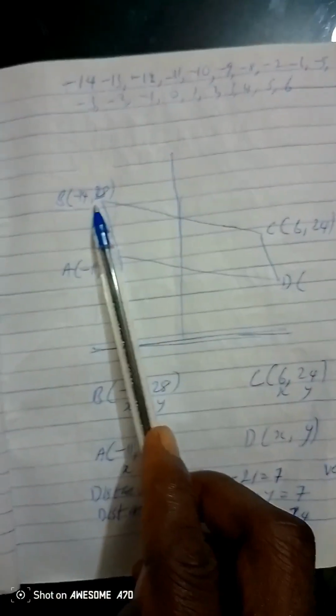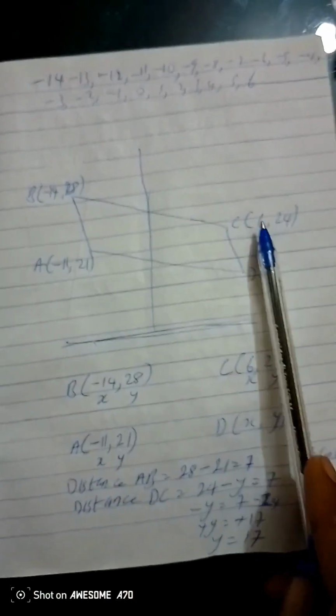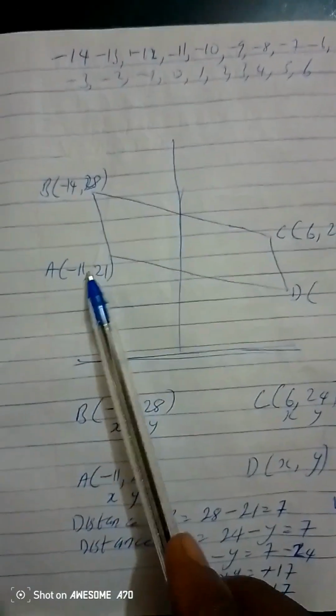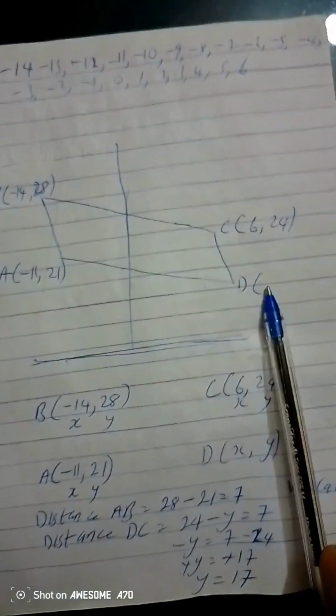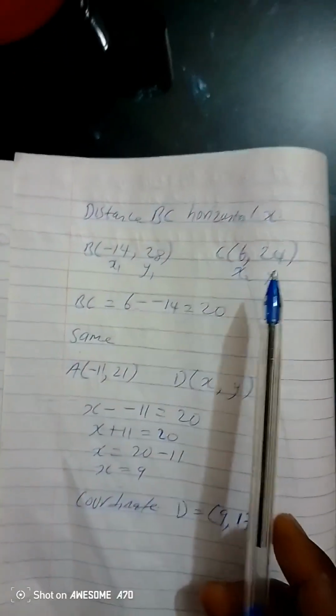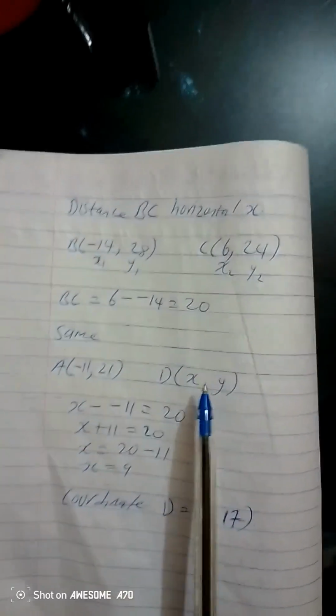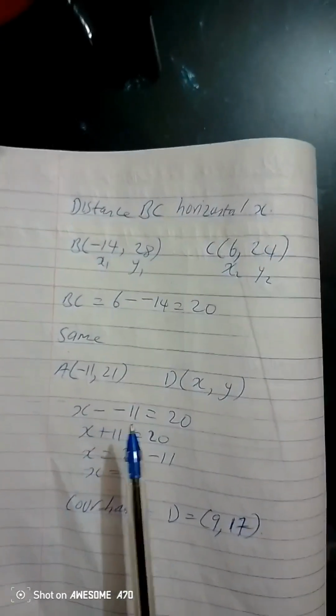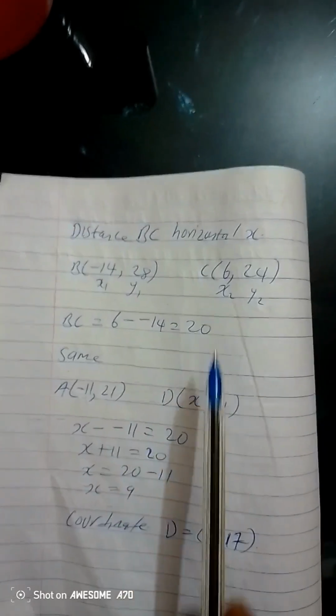That will be the same thing too. It's horizontal between here and here, so we have to talk about these two x's. That should give us the same distance between this minus 11 and whatever you have on the x-axis for D. So 6 minus minus 14 is 20, and here x minus minus 11 should give me the same 20.